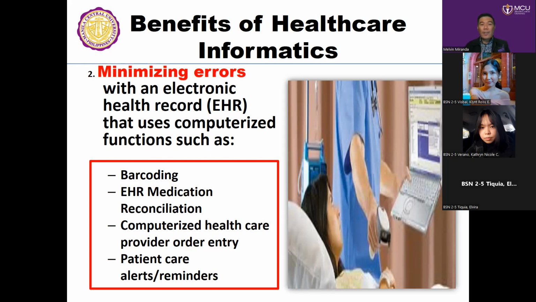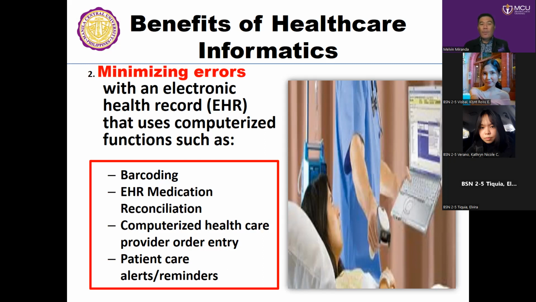Computerized healthcare provider order entry will facilitate, for example, a patient's wish to schedule an appointment for consultation. The computerized system can already consider these services in advance so that you are expected to have a blocked schedule for your consultation.